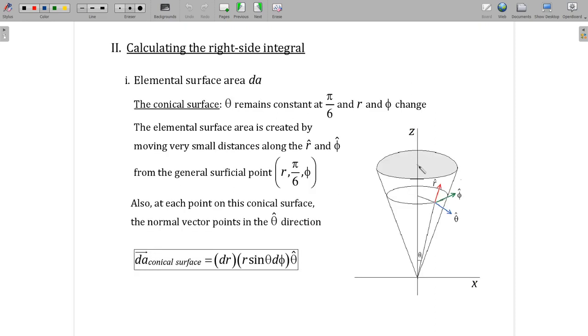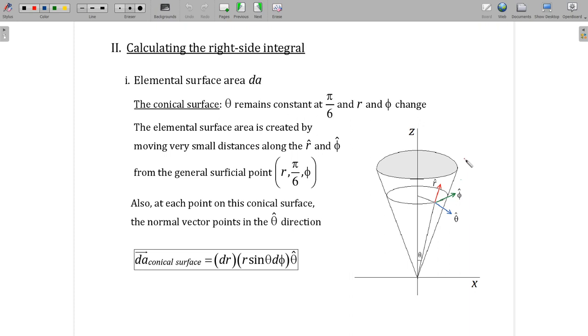You can try to understand this on your own. If I am at a point on this top spherical surface and I want to say which direction from this point is perpendicular to the surface, obviously the surface is not a plane, so the perpendicular direction will be different at each point of the surface.